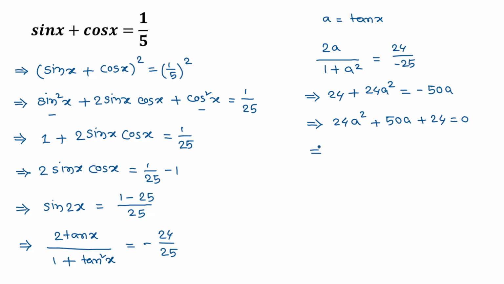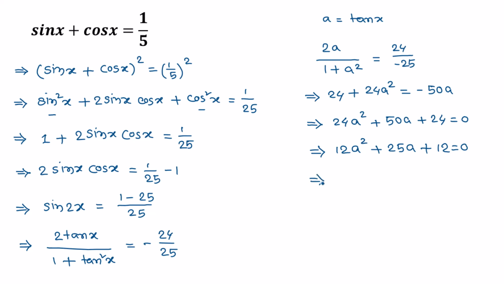Dividing both sides by 2, we can write 24 divided by 2 is 12, so 12a square plus 50 divided by 2 is 25 times a, plus 24 divided by 2 is 12, is equal to 0.